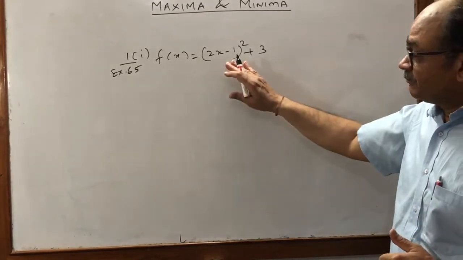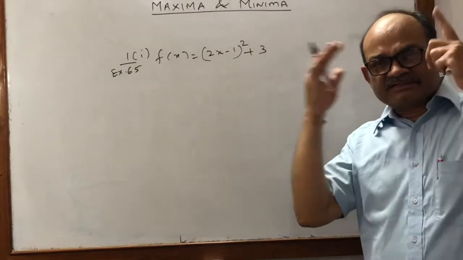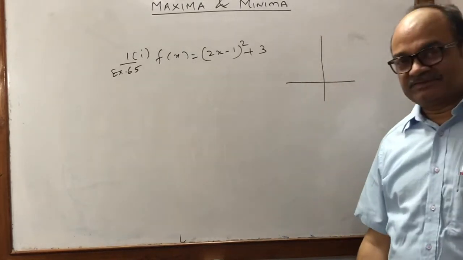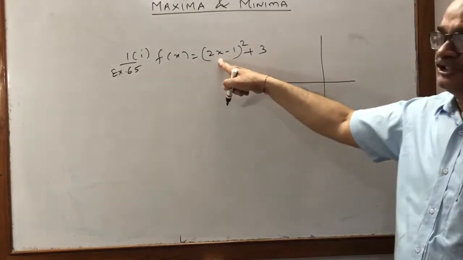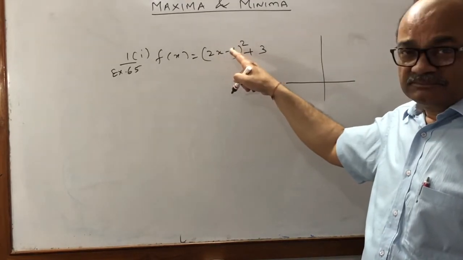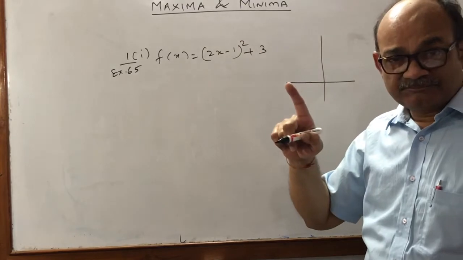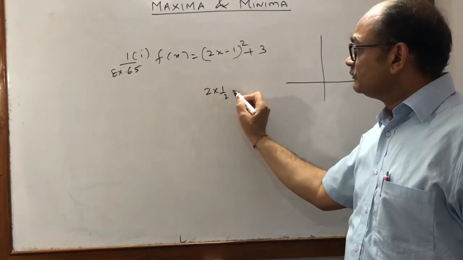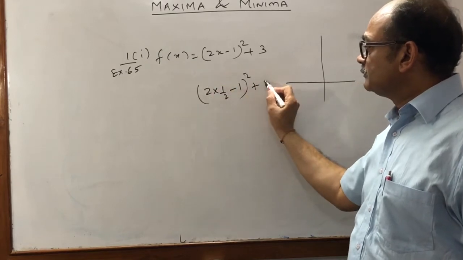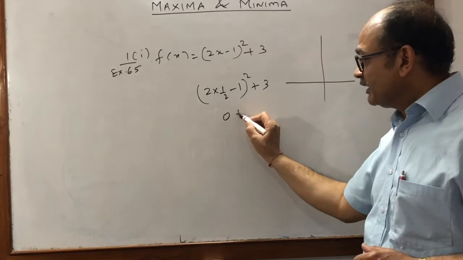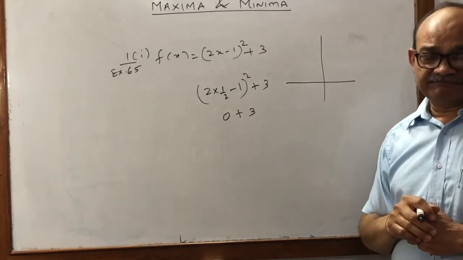It is a parabolic function. Revise the concept, the sketch from class 11th. If we put 0 here, then it will become minus 1 the whole square, that is 1. Its minimum value, if we put half, this is the minimum, 0, and here it is 3.